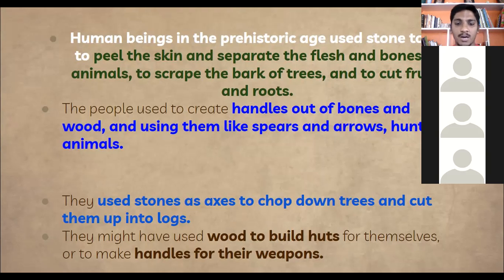How many of you have those kind of tools in your house? Do you have a spade and axe in your house? Sir, my father has many tools. Wow, great. So what do you do, Safia? My dad also has many.